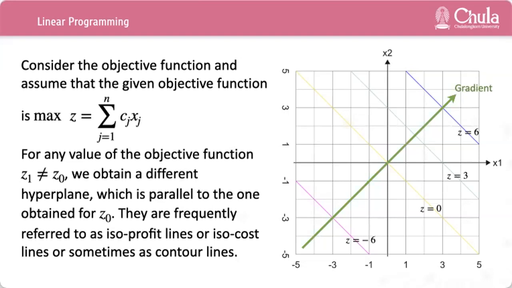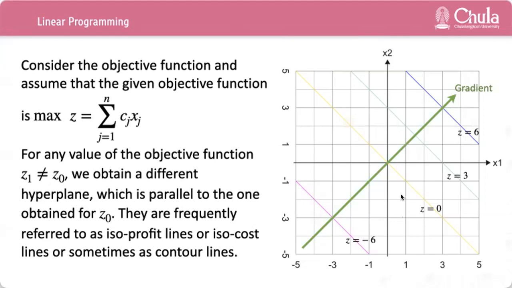So it's impossible to find the extreme point like in classical optimization, because it's impossible to find the point where the derivatives become zero. So the idea is that we find the gradient, or we find the iso-profit lines or iso-cost lines.